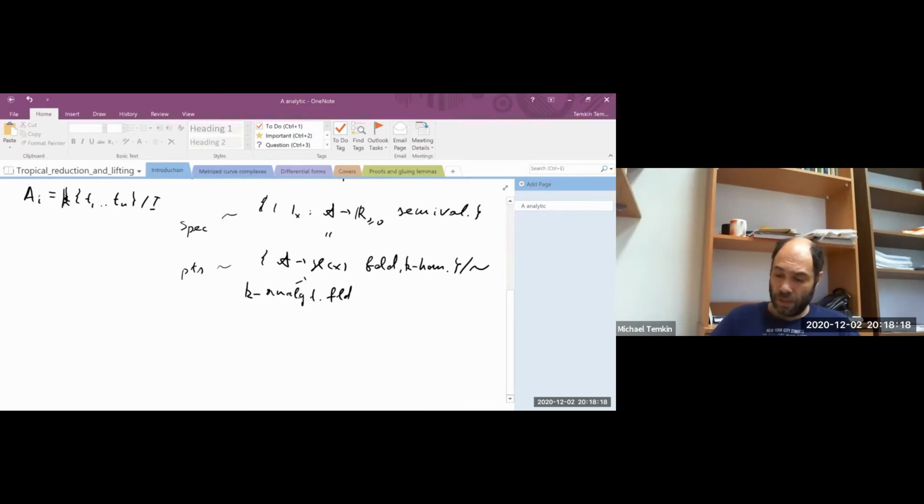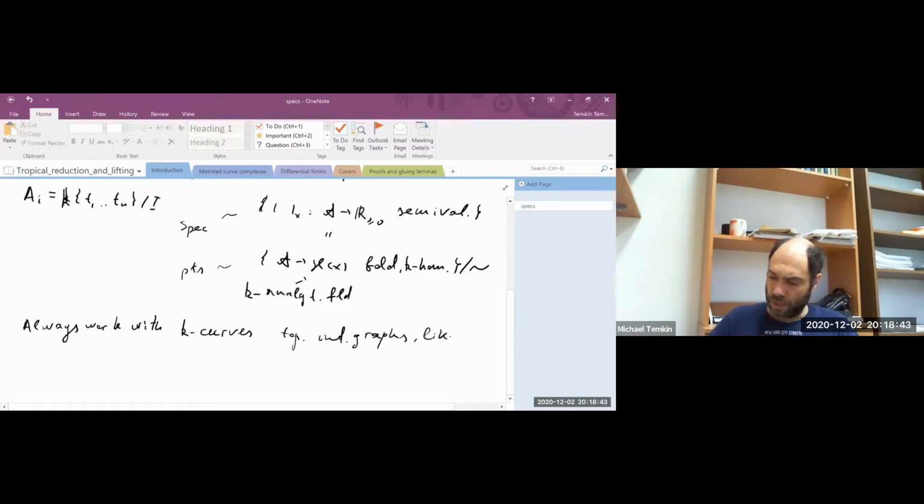Now, just maybe one remark. We'll always work with curves. So our analytic spaces are relatively simple. Topologically, they are sort of infinite graphs, very branched.